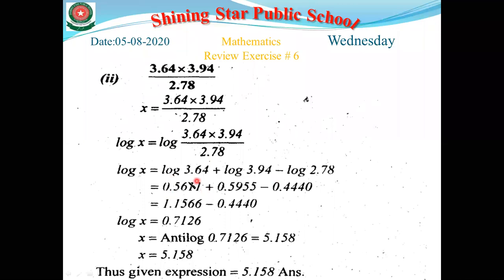Now when we take the log, it becomes 0.5611 and plus 0.5955, and when we take the log of 2.78, it becomes 0.4440. Now, first of all, add the first two numbers. So when we add these numbers, we will get 1.1566 minus 0.4440. It becomes 0.7126.